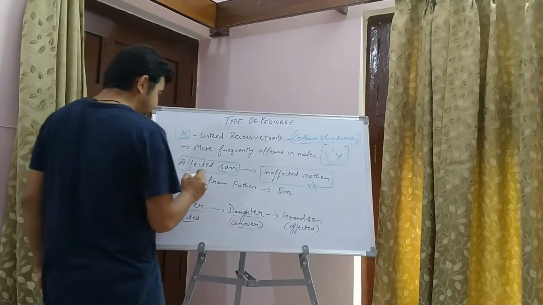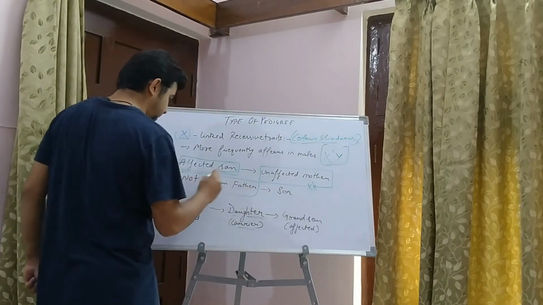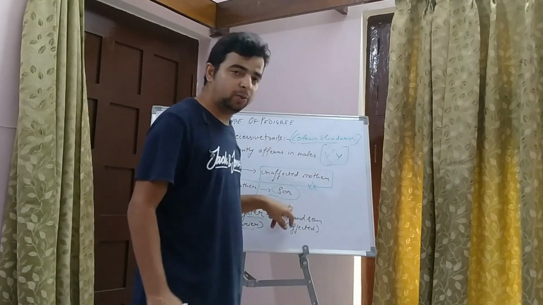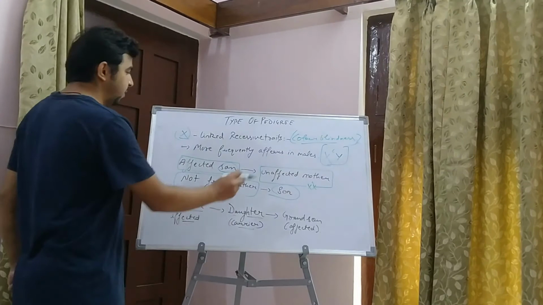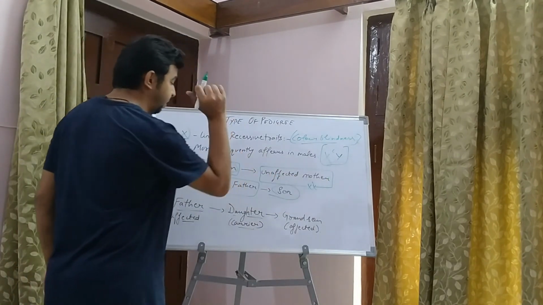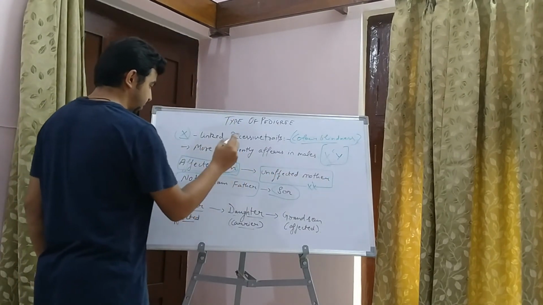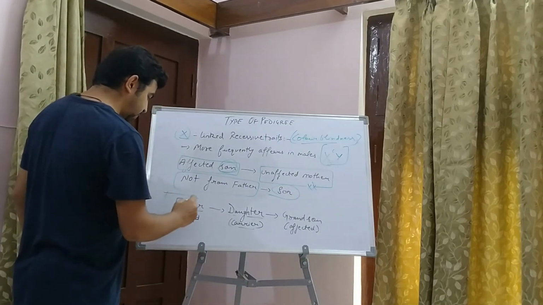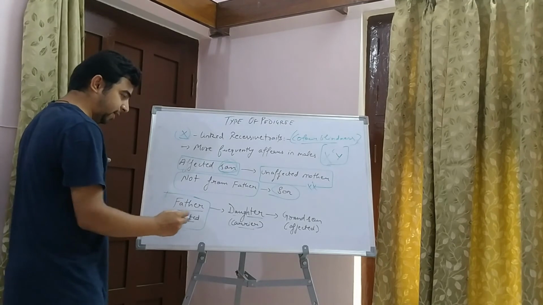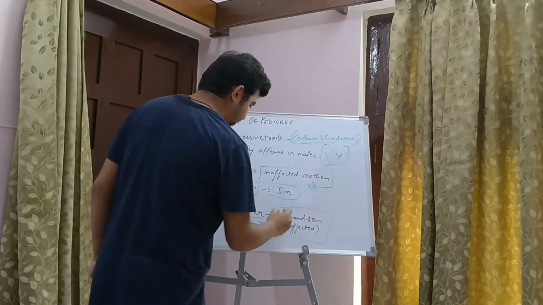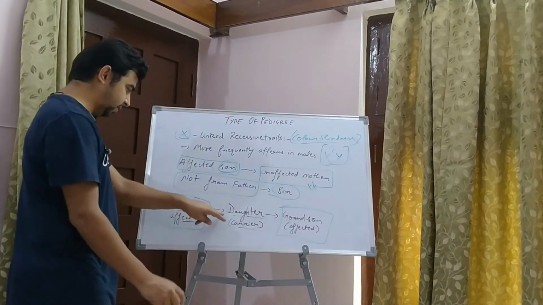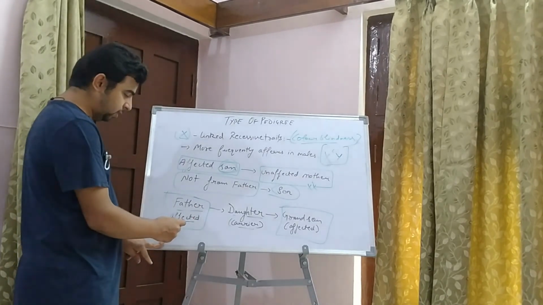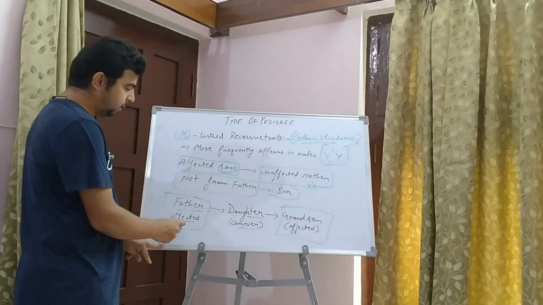Now next we can see here that it is not from father to son. It is not transferred from the father to the son, but it is transferred from the unaffected mother to the son. The simple steps you can remember from here are: father affected, daughter carrier, and grandson affected. The father was affected by color blindness.